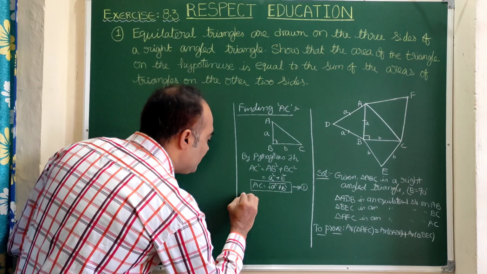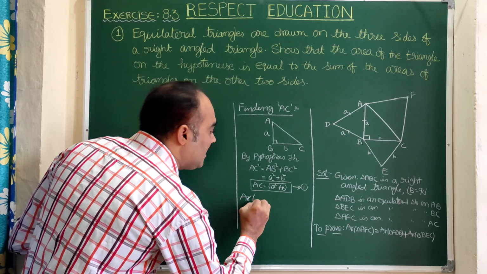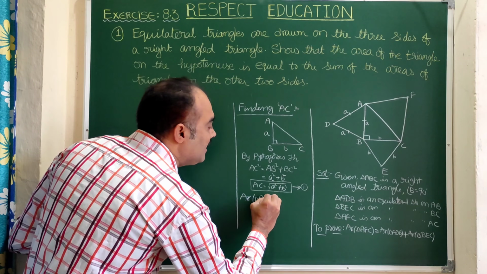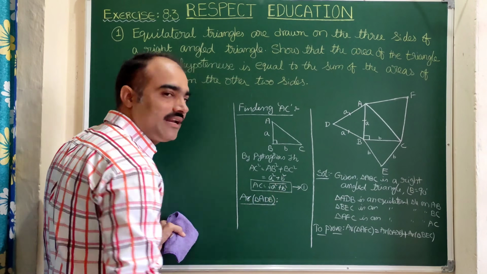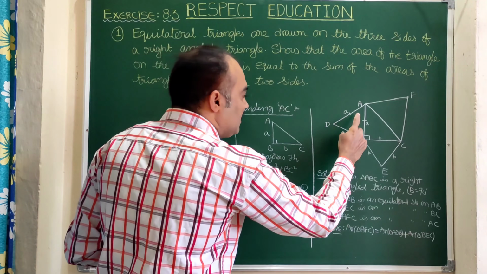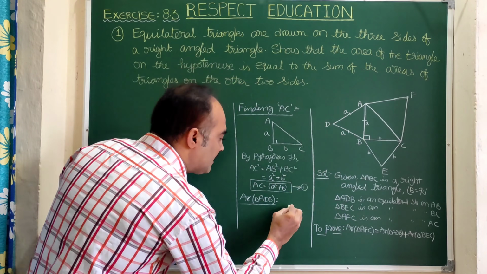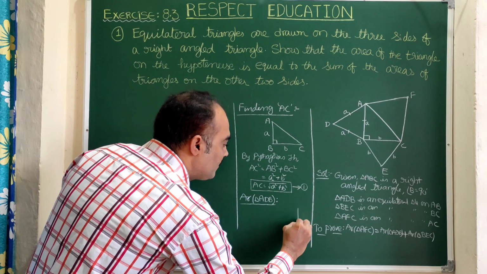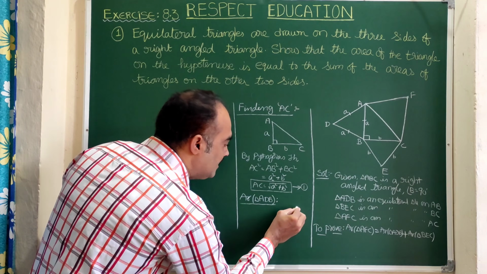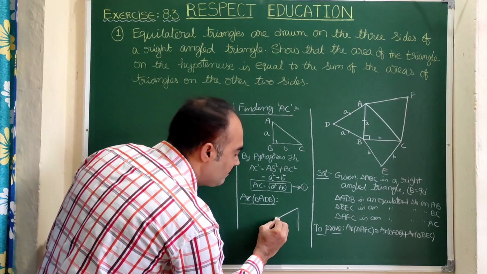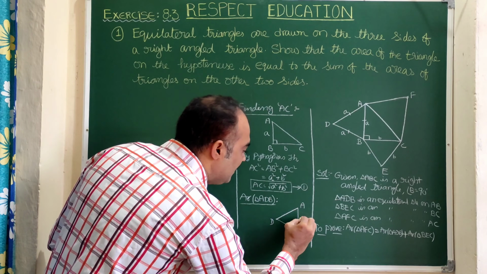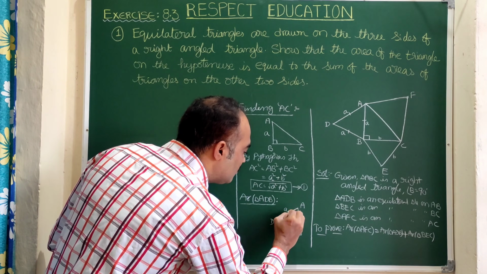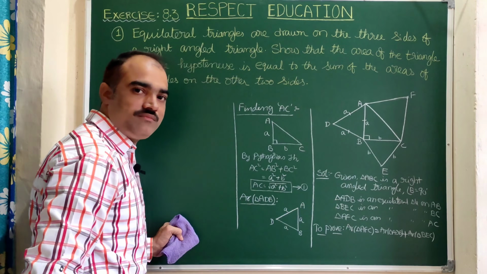First one is, let us find the area of triangle ADB. This is an equilateral triangle. So let us draw this triangle here. This is AB and this is D. A, B, D. Here this is small a, this is also small a, this is also small a.